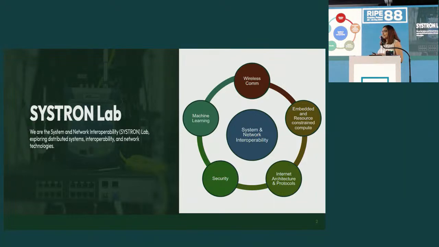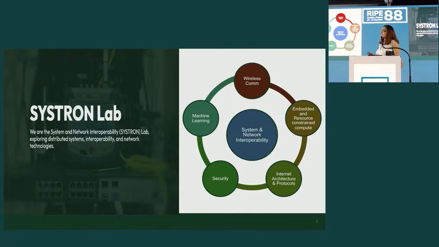We understand interoperability of systems is quite challenging, and sometimes this is not very lucrative research from an academic point of view, but because we are systems researchers, it's very important to make a system more resilient and robust. We look at this from different perspectives, for example, communication, resource constrained devices, internet architectures, protocols, security, and finally, machine learning as well.